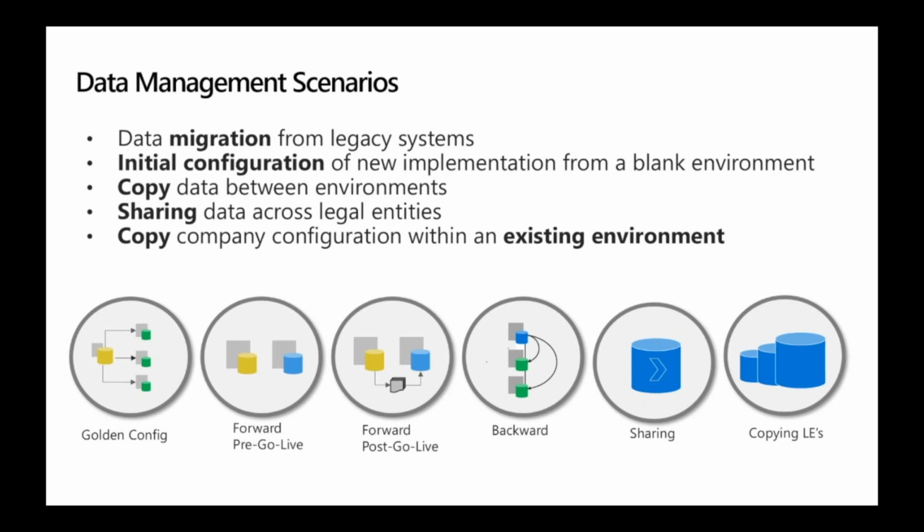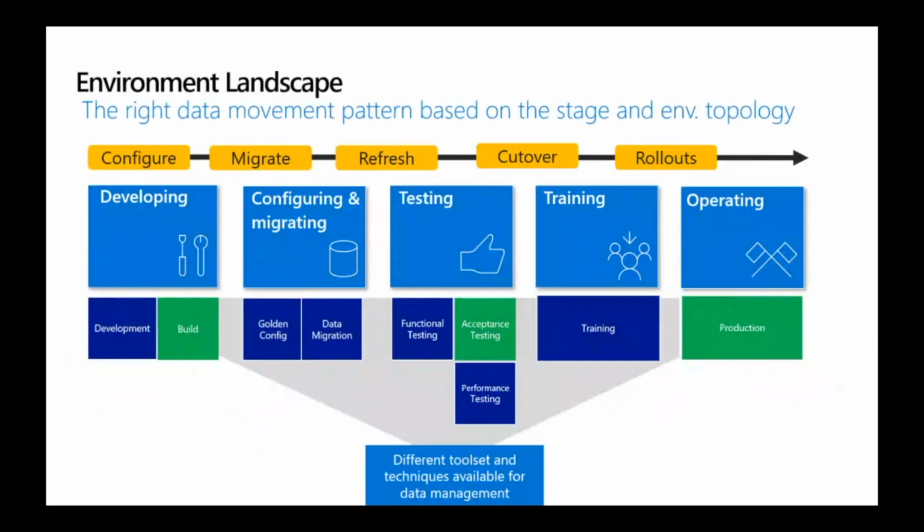Another thing that we need to be aware of as well is that depending on what kind of activity we're doing, we might end up with different kinds of environments.